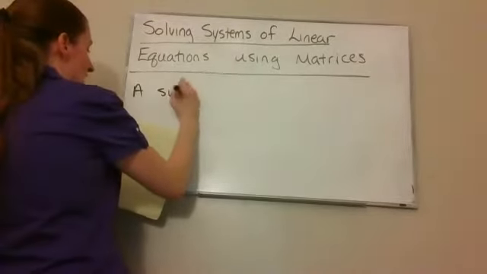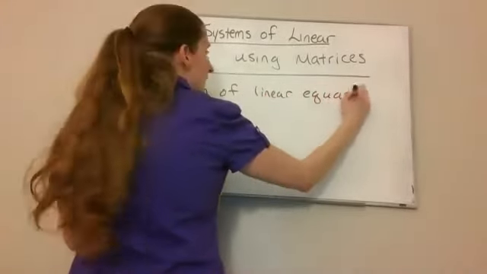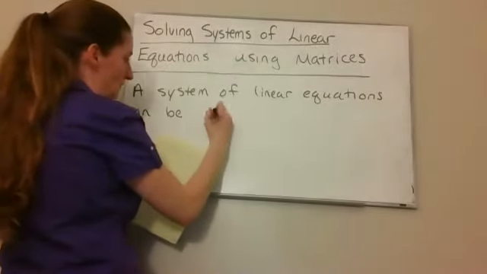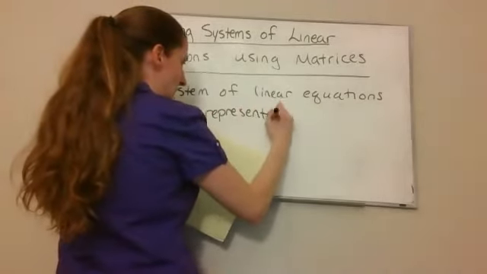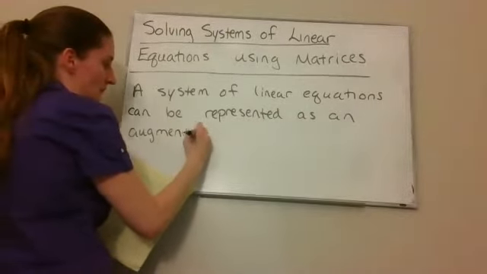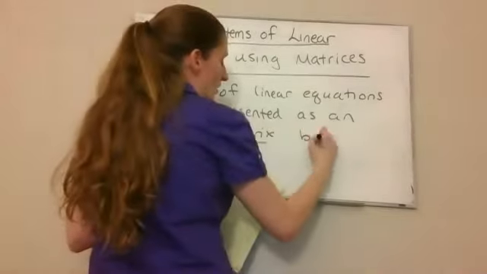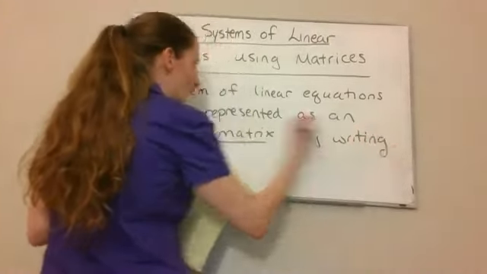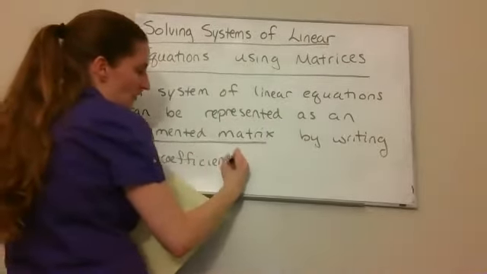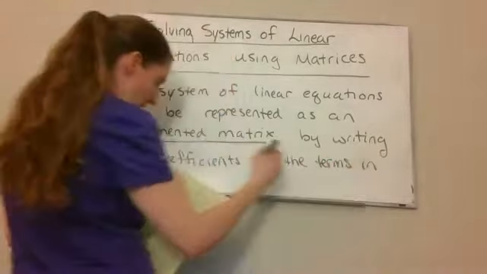A system of linear equations can be represented as what's called an augmented matrix, by writing the coefficients of the terms in the matrix.